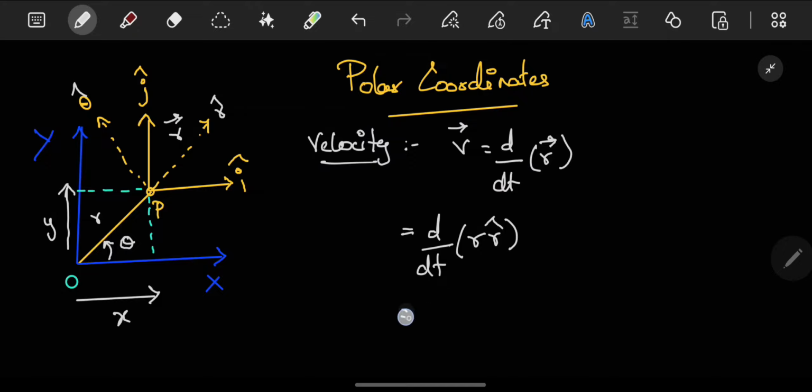Now we'll differentiate this, where we will get dr by dt into r cap plus r into d r cap divided by dt.